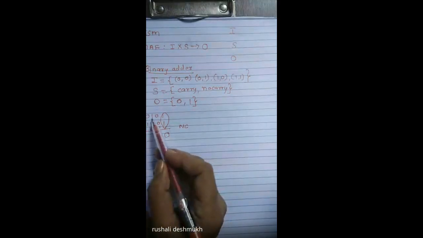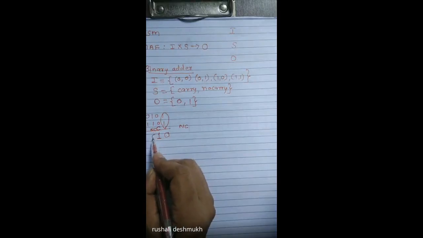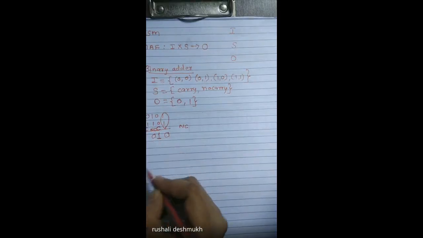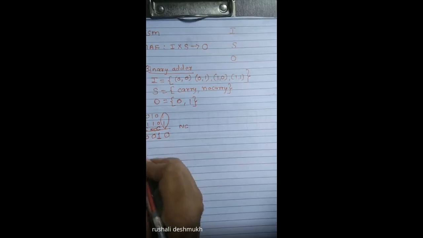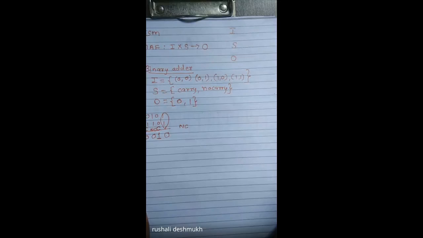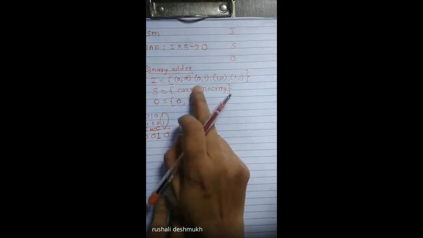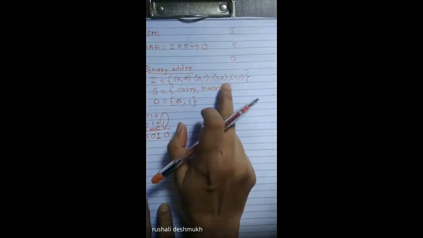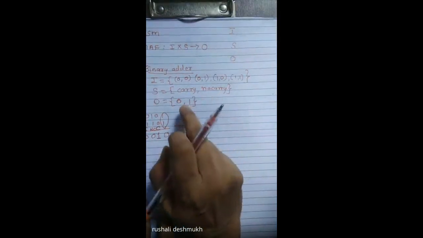Then we add 1 plus 1 with no carry, which gives 0, and a carry is generated. Then 0 plus 1 plus the carry gives 0, and finally a carry is generated. So we have to consider the inputs 0 0, 0 1, 1 0, and 1 1, and explore all the possibilities from each state, carry and no carry, for the given input.